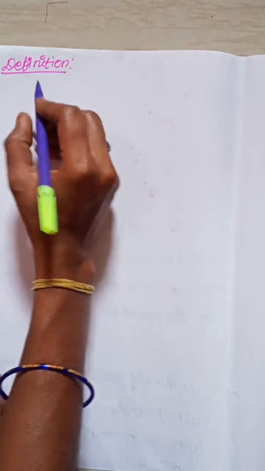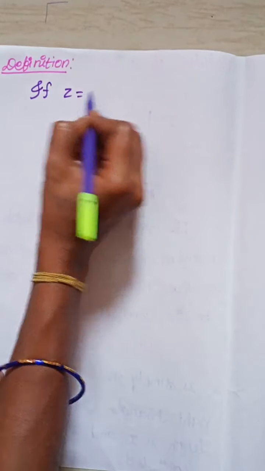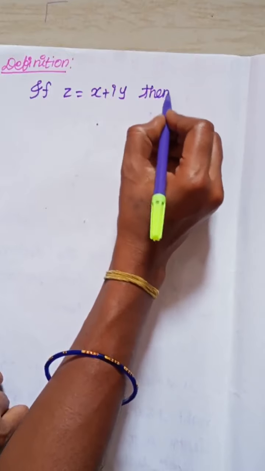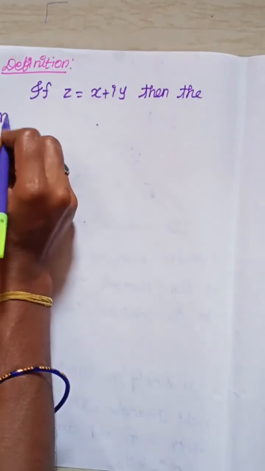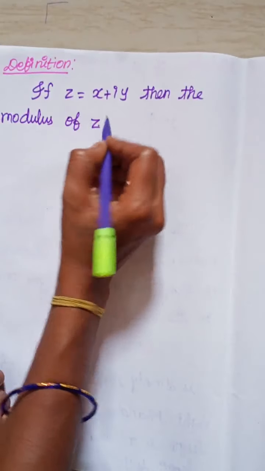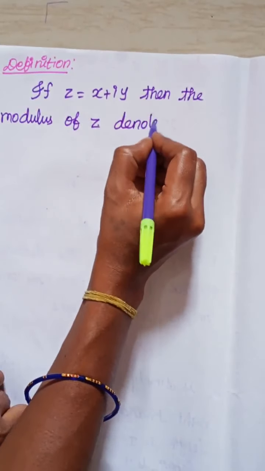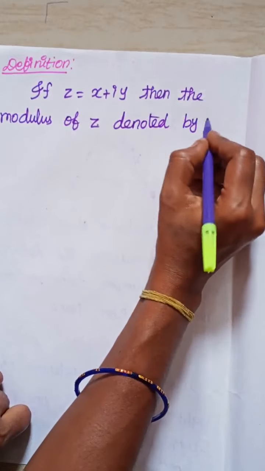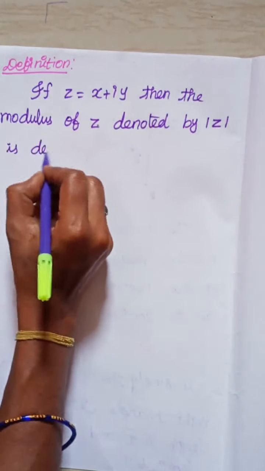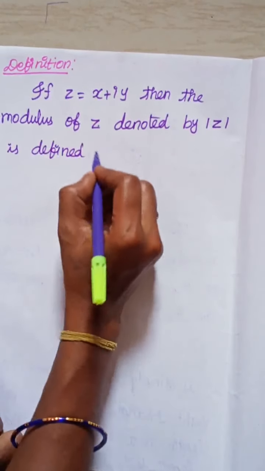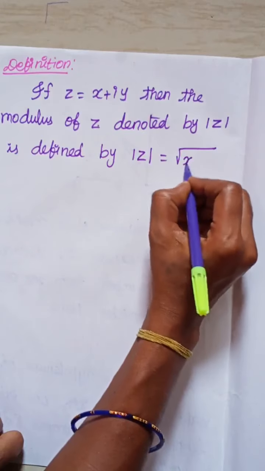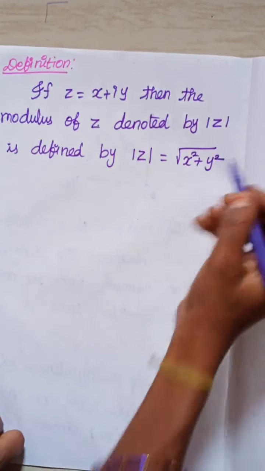If z is equal to x plus iy, then the modulus of z is denoted by modulus z and is defined by modulus z, which is equal to square root of x square plus y square.